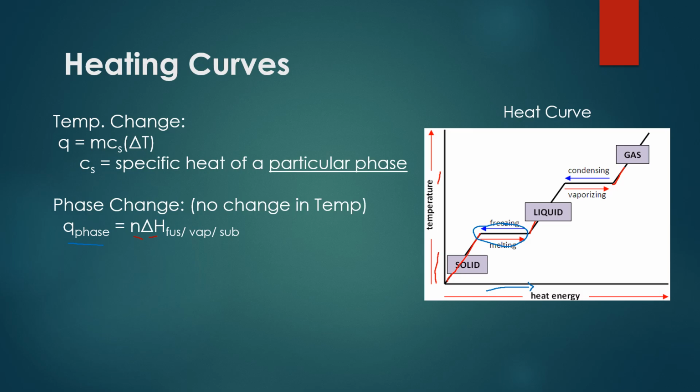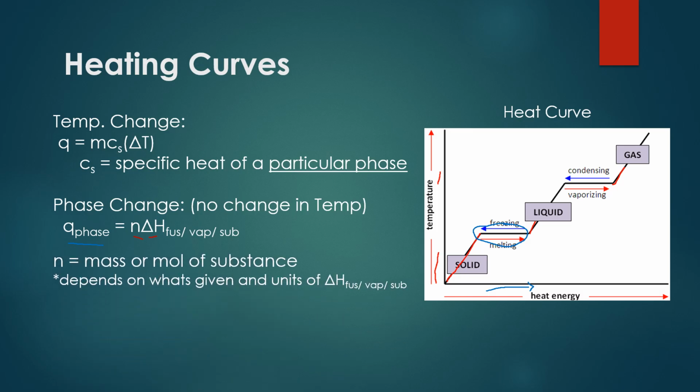That's the change in enthalpy for fusion, vaporization, or sublimation. And those values will be given to you when you need to use them. Now what does the n stand for? The n stands for either the mass or the moles of a substance. And we'll do some examples so you can see how that's going to look based off of whether it's mass or moles.